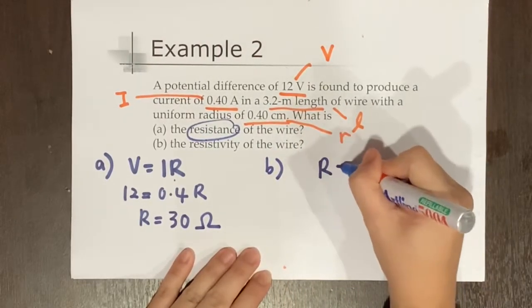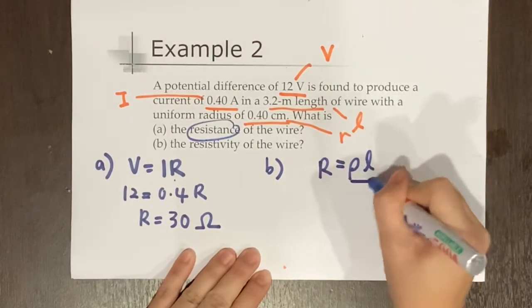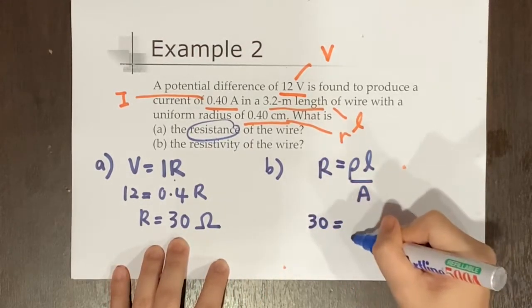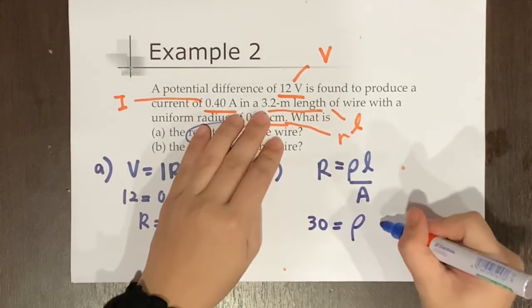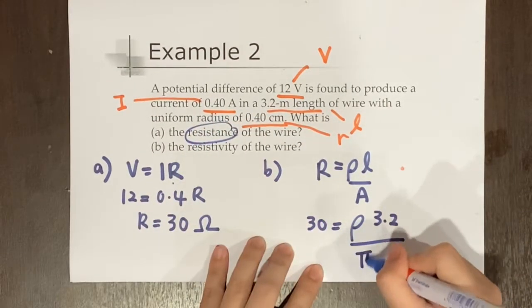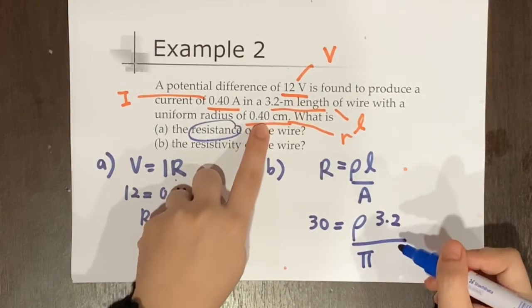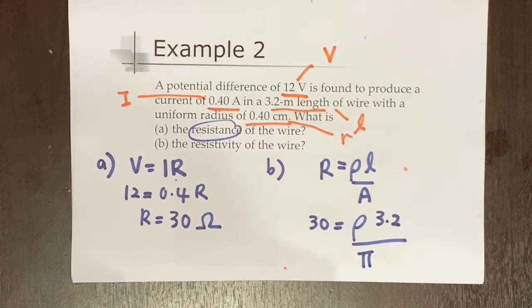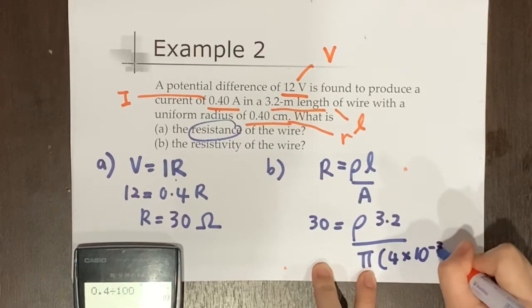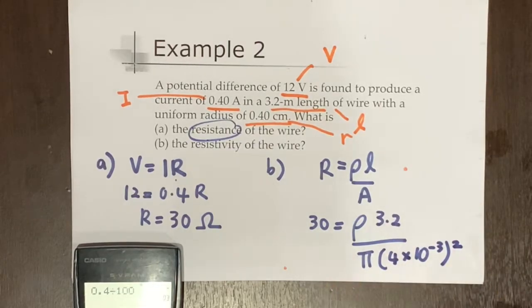Okay, B, the resistivity of the wire. So resistance R is equal to rho L over A. Resistance is 30, rho you don't know, length of the wire is 3.2, area is pi r squared. r is the radius, 0.4 centimeter, convert to meter: 4 times 10 to the negative 3, squared, because r squared.